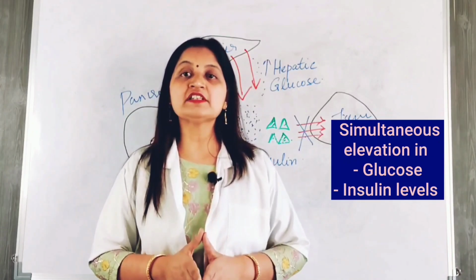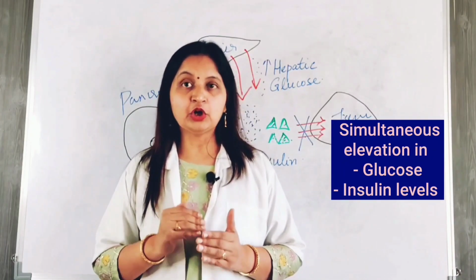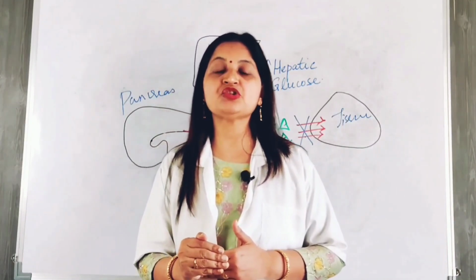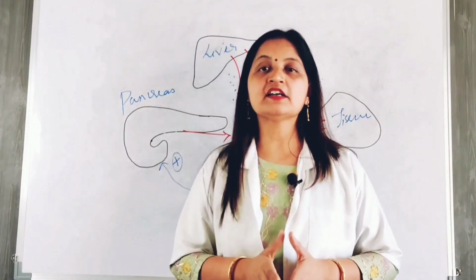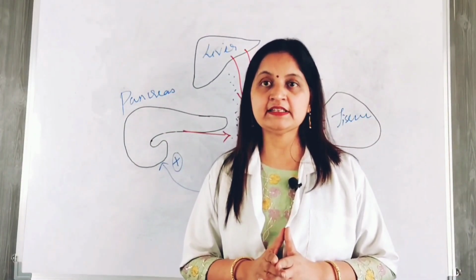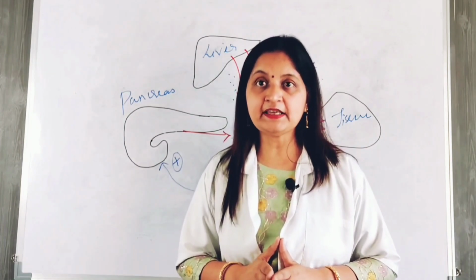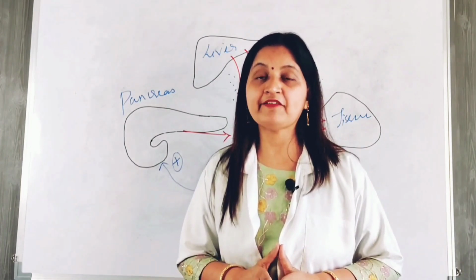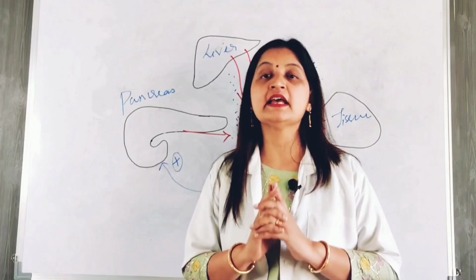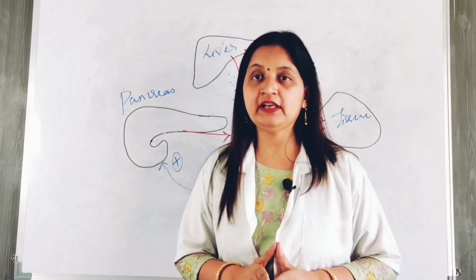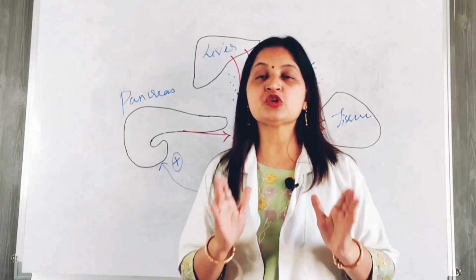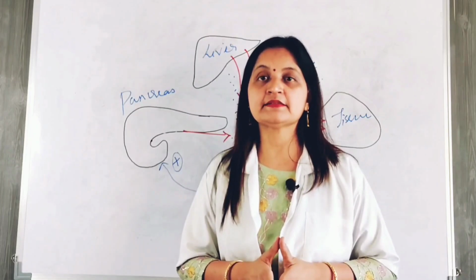Although the insulin levels are normal or elevated, the glucose utilization by the tissues is impaired, and this occurs because of insulin resistance. So there is fasting hyperglycemia, the glycosylated hemoglobin levels are elevated, and also there are elevated insulin levels, and there is absence of circulating antibodies.